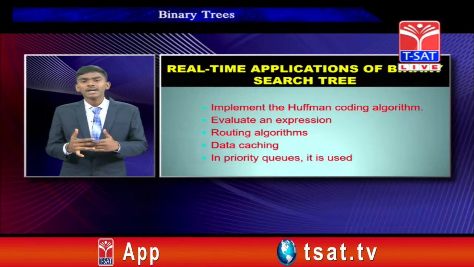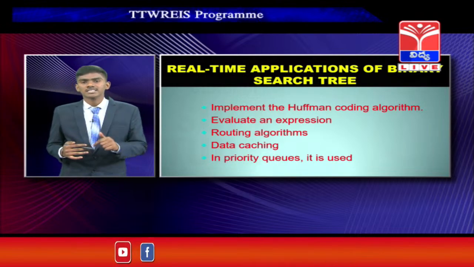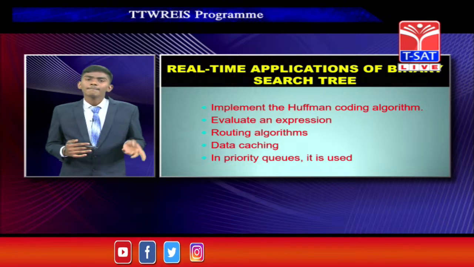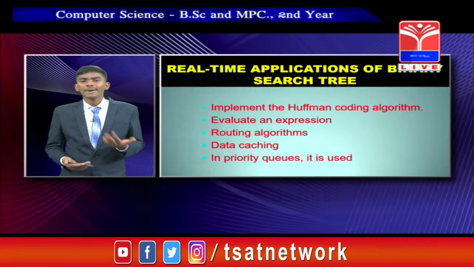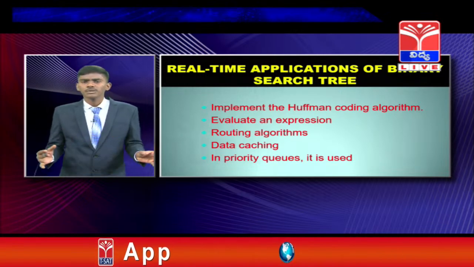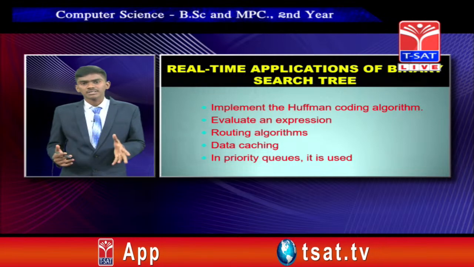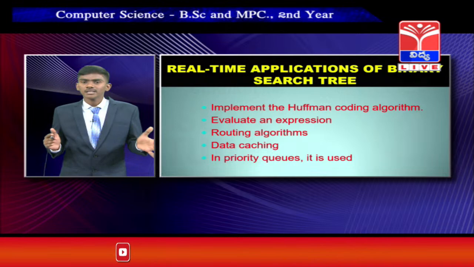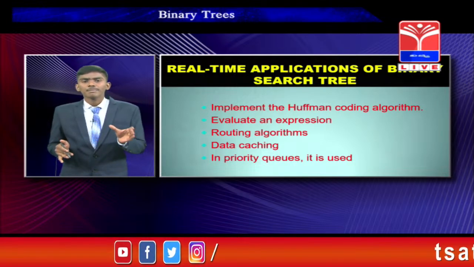So that's why binary search trees are also used in data caching. And also binary search trees are used in priority queues. A priority queue is one kind of queue in which we give some priority to the numbers. This is a priority queue. So these are the real-time applications of binary search trees.